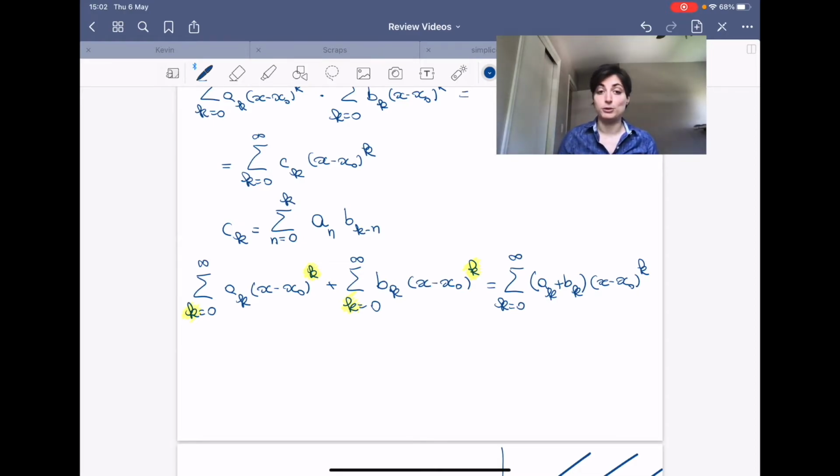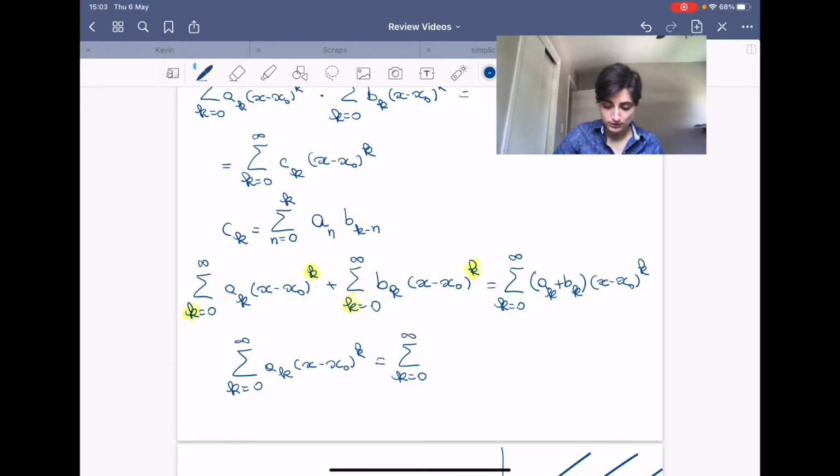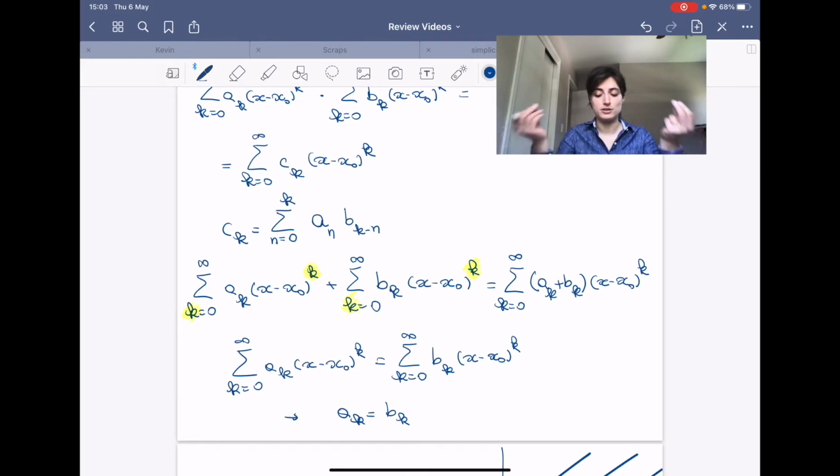And the last element that we really need is what is a solution. And this goes with the statement that if you have a power series, sum for k going from 0 to infinity of ak times (x minus x0) to the power k, and if you have this equal to another power series, then it has to hold that the coefficients of the two different power series are the same for every single k from 0 to infinity.